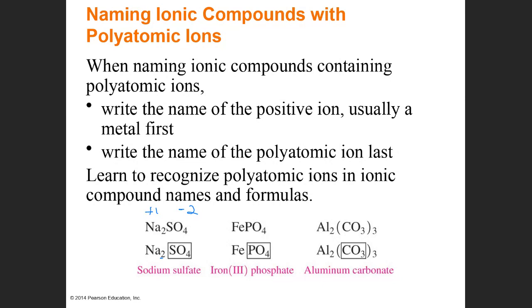Okay, now iron phosphate. Now the iron is +3 because they tell you it's iron 3 phosphate. And if you looked up phosphate, phosphate's also -3. So +3 -3, the charges balance. So it's a 1-to-1 ratio. So it's just written as FePO4.